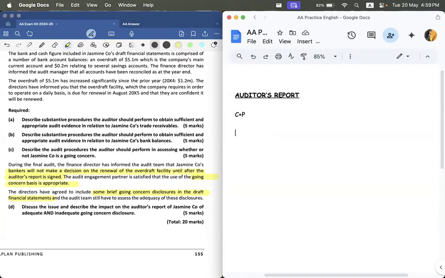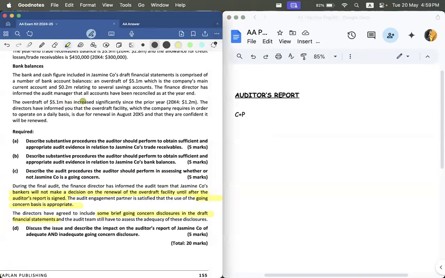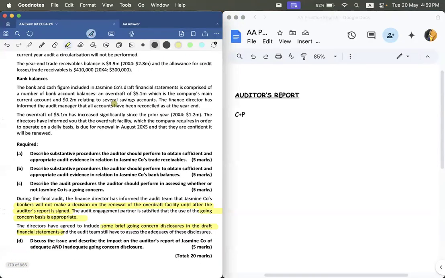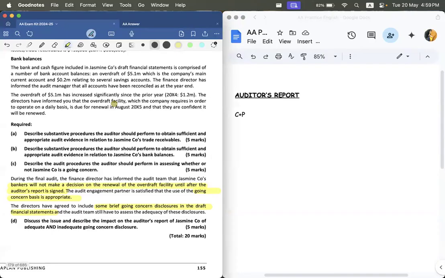It is going to give a doubt about the absence of this particular overdraft facility, because in the earlier stages they said that the overdraft is something that is being increasingly relied upon. So anything could happen. A company may have significant problems in living as a going concern.